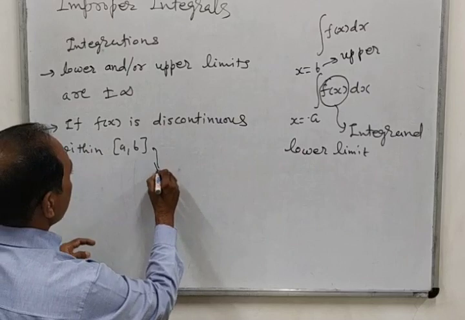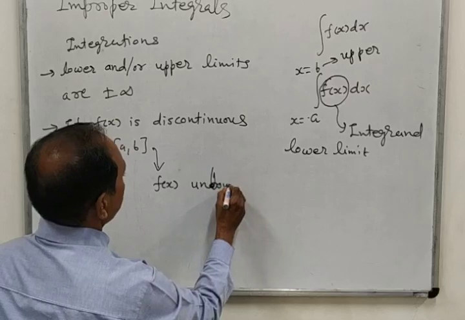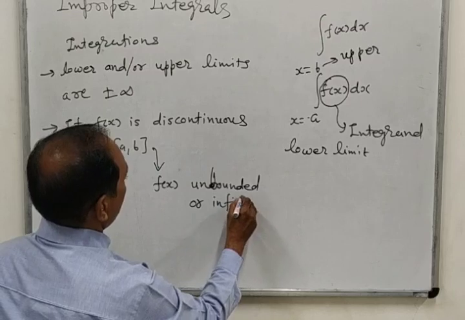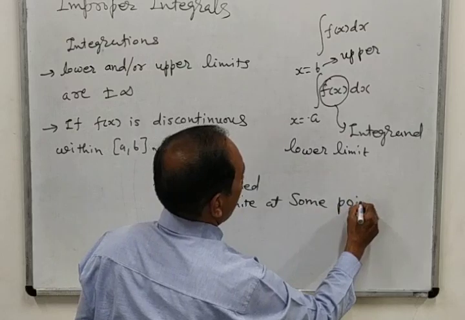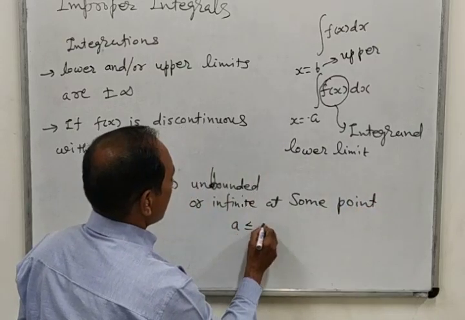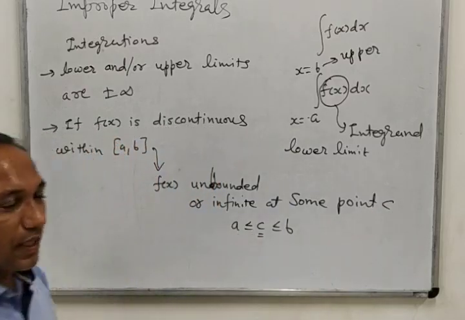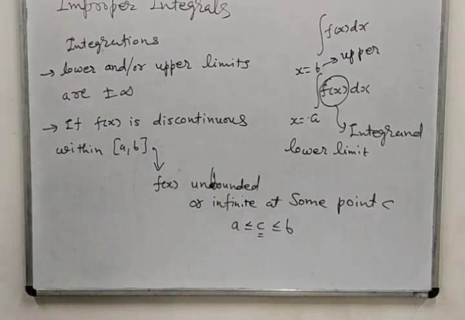That means in this case f(x) becomes unbounded or infinite at some point c, where a less than or equal to c less than or equal to b. So if it becomes unbounded or infinite, then we say that this is discontinuous. Then also we say that the integration is an improper integration.